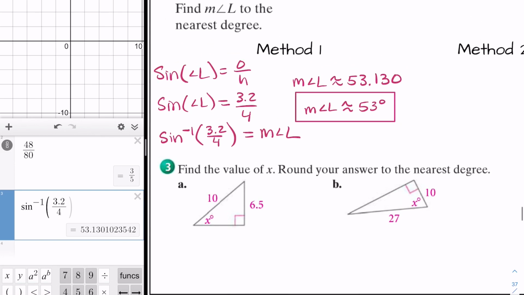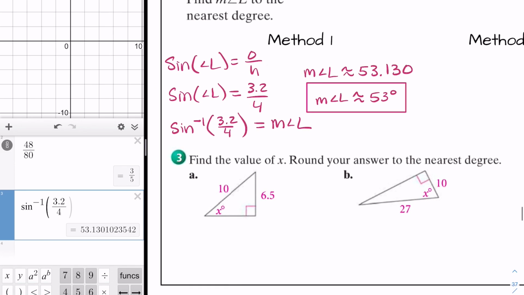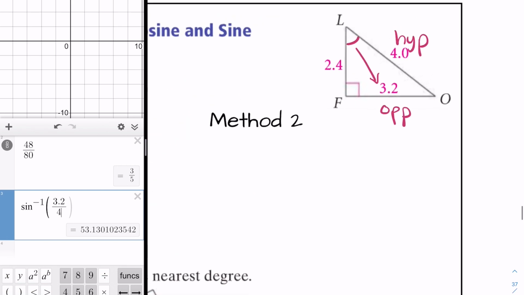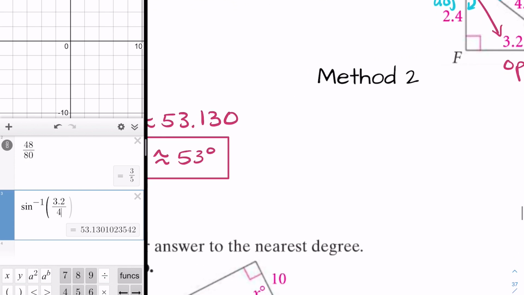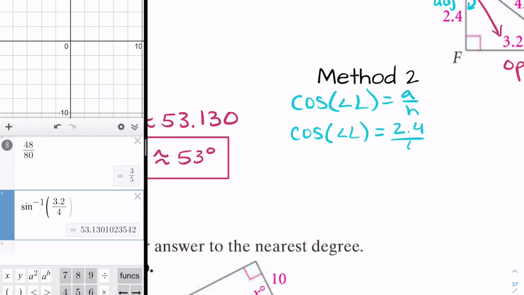Okay, that's method 1. Method 2 is using cosine. So let me do cosine instead. I'll do the adjacent over the hypotenuse, which is 2.4. So the cosine of angle L is equal to the adjacent over the hypotenuse. So the cosine of angle L equals 2.4 over 4.